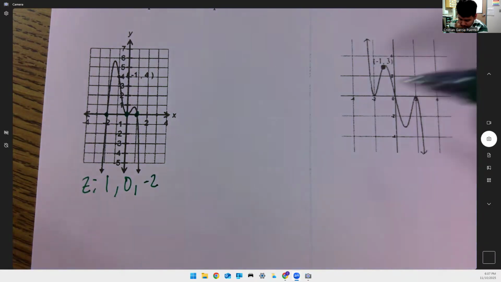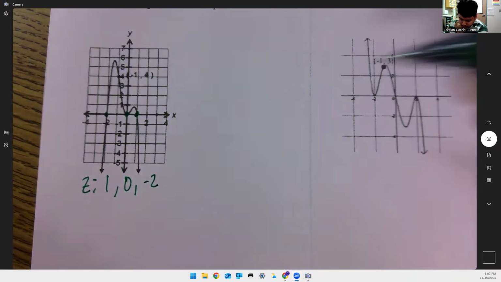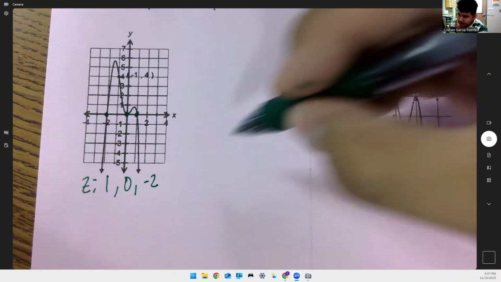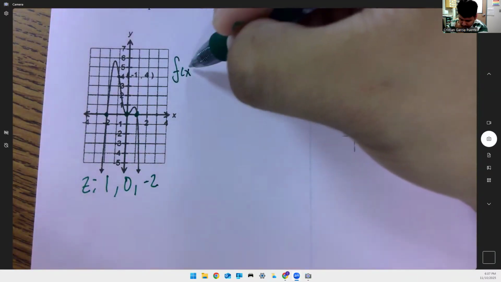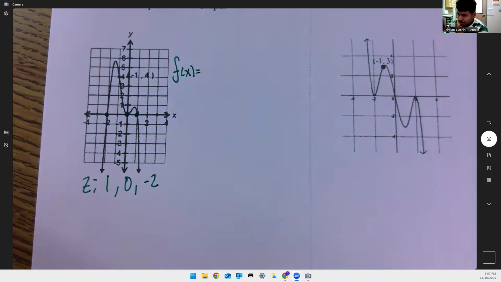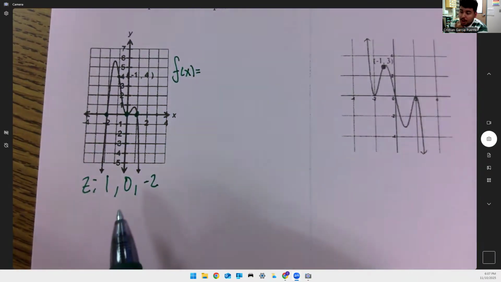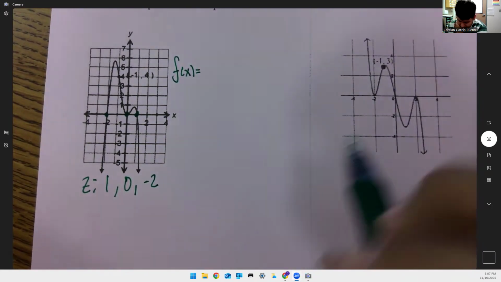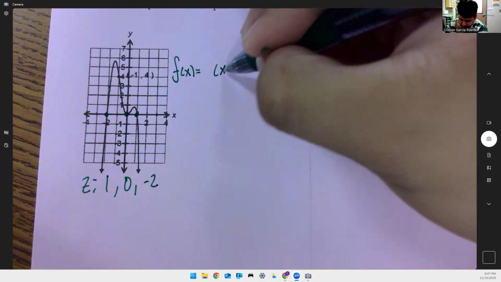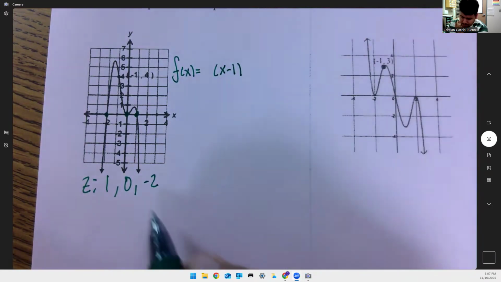So I'm going to write my equation right here on the right. When you have your zeros, all you have to do is go straight into f of x is equal to, and then you remember, always take the opposite of your zeros to write your parentheses. So what's the opposite of +1? -1. So you have x - 1.